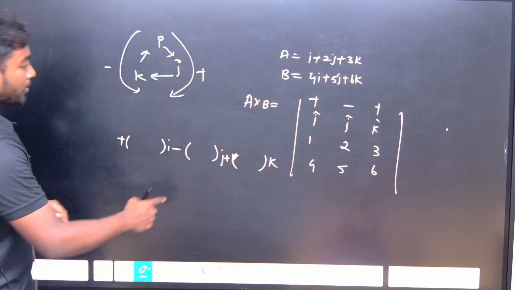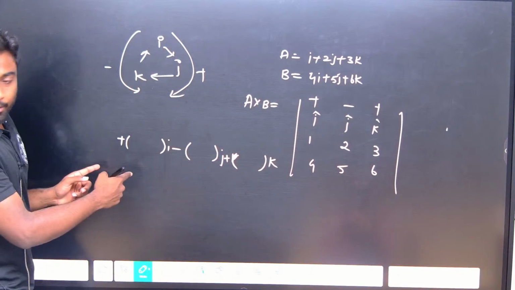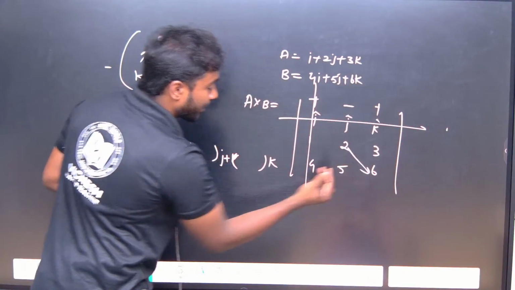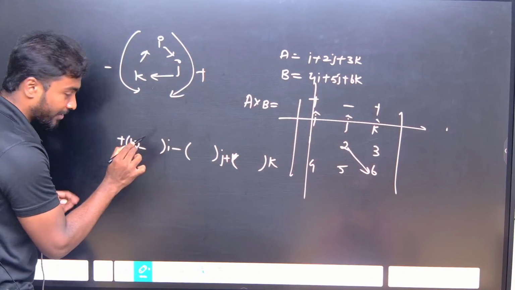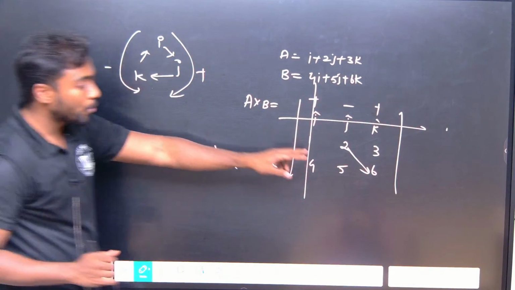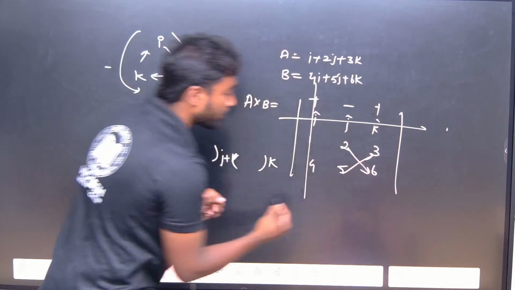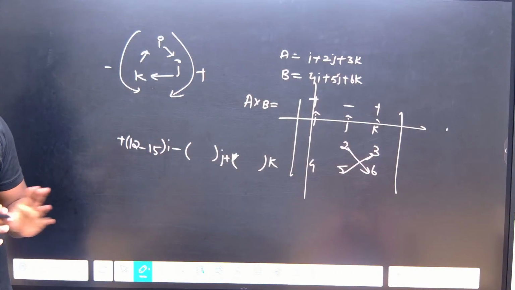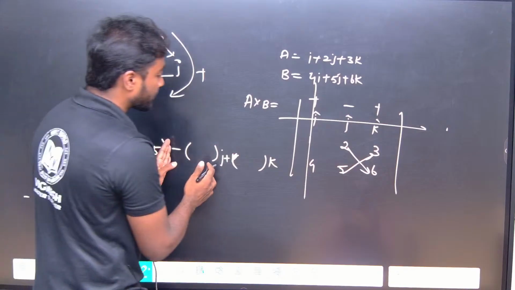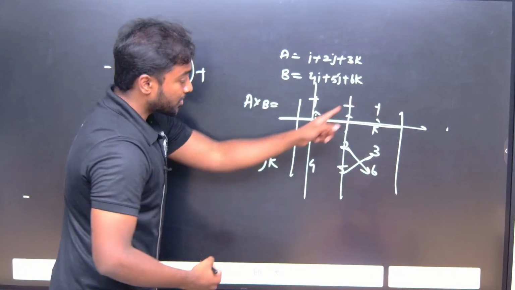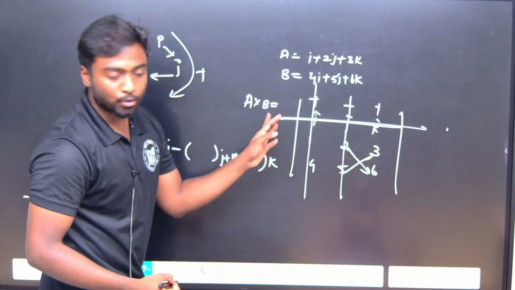Now if you want to find i, close this row and column. 2 6s are 12. Keep minus as it is; don't look at any symbols there. Now go for the next thing: 5 3s are 15. Understood? Now go for j cap. Close this and this: the j column and the upper row should be closed.